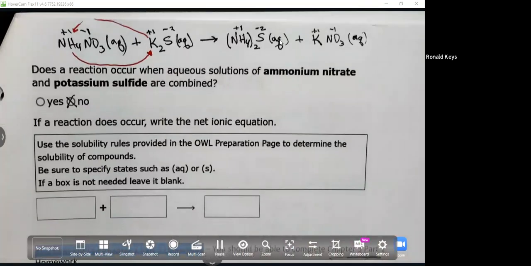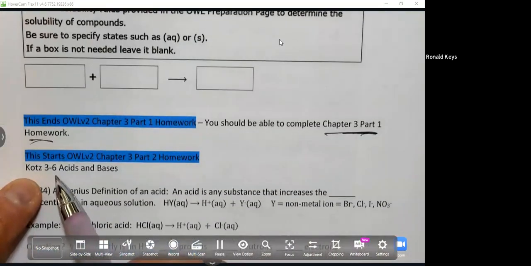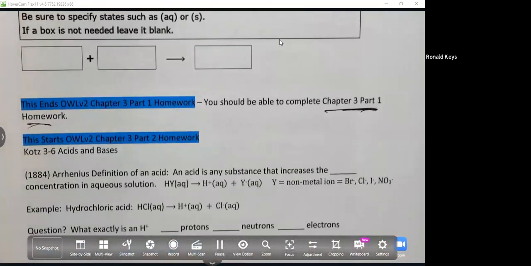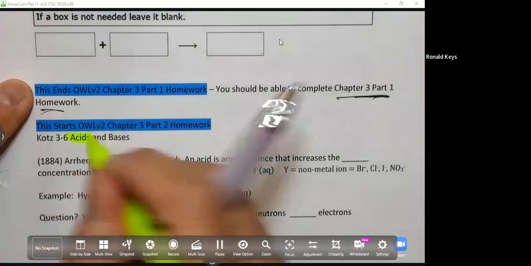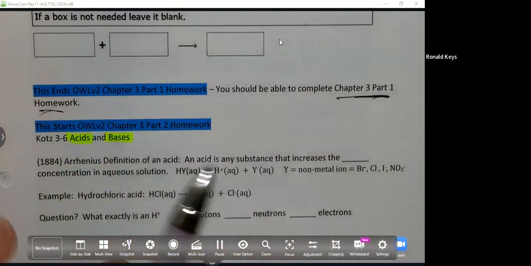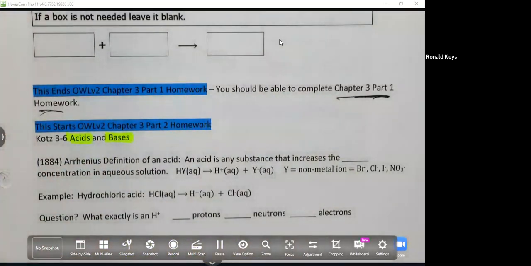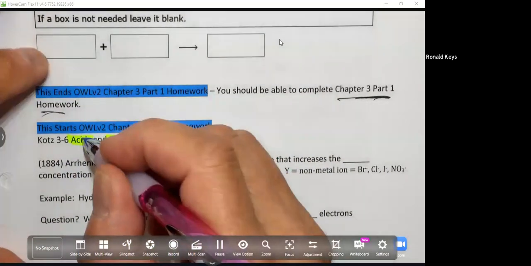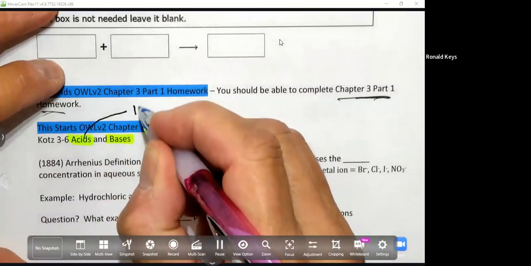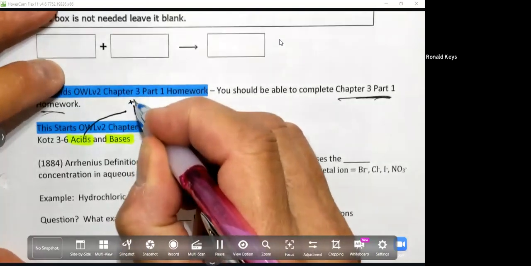And again, a lot of it's going to be in lab this week, looking at precipitate reactions. So let's go on to 3.6, which covers acids and bases. Now, what do you know about that so far? You know, we did some acids and we started them with hydrogen, correct?